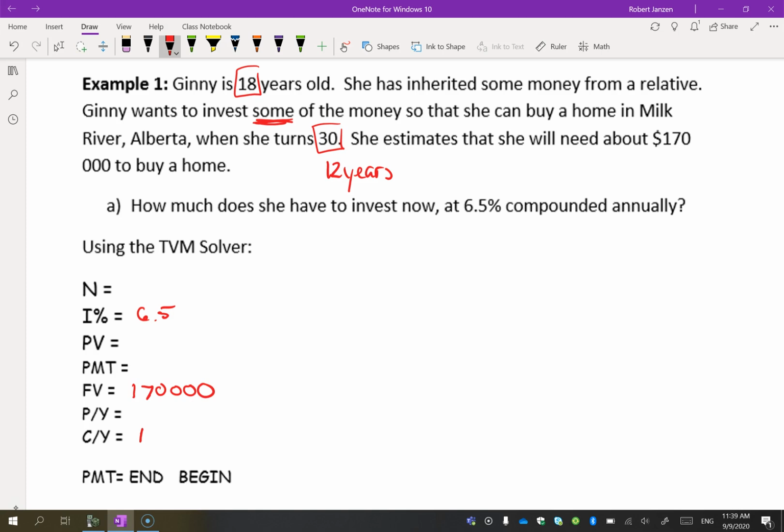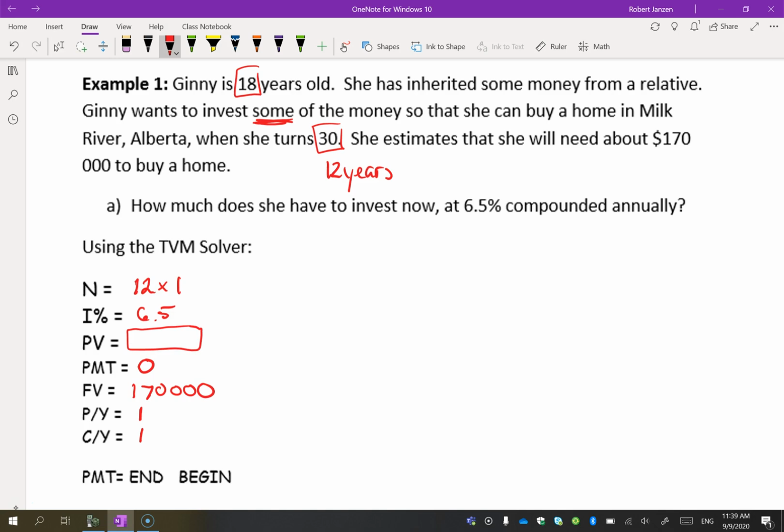Well, she's not going to make payments here, so then we put one payment per year. This one means that we're going to reinvest the money every year. Okay, so then if we're doing this for 12 years and we're making one payment a year, it's 12 times 1. The question is, what is our present value?